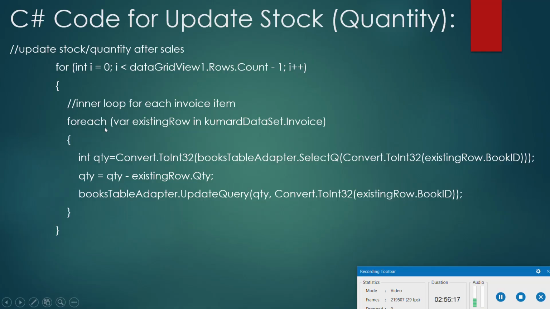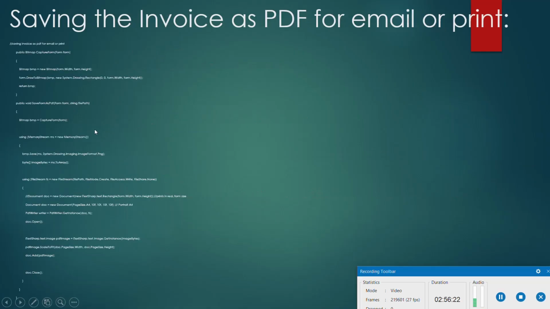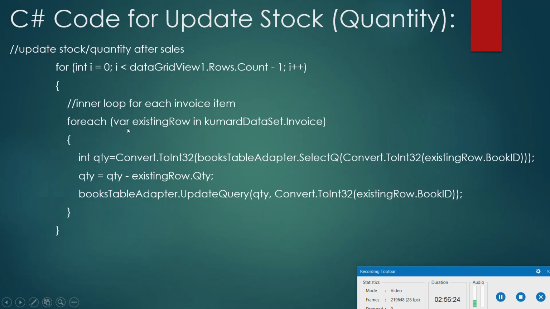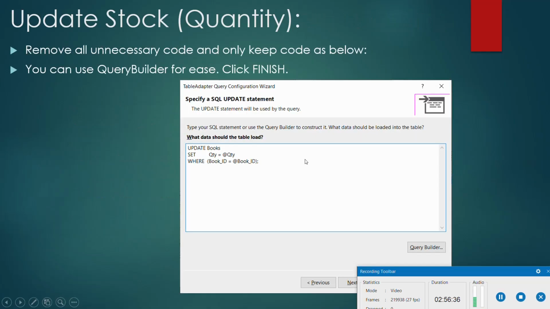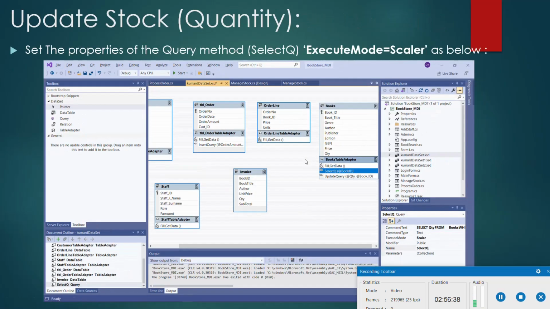You have to pick up again that for each loop will come to your rescue. So just look at the for each loop, get a variable like existing row in the dataset.invoice. Here you will be executing that select query we created, this one here. This is called select queue.